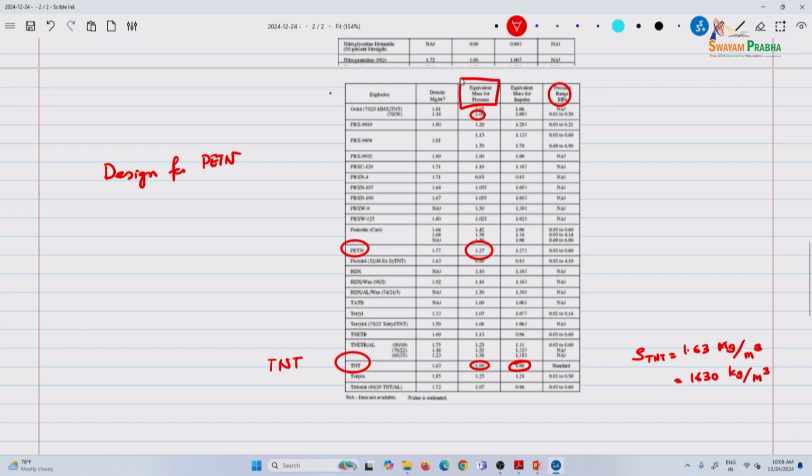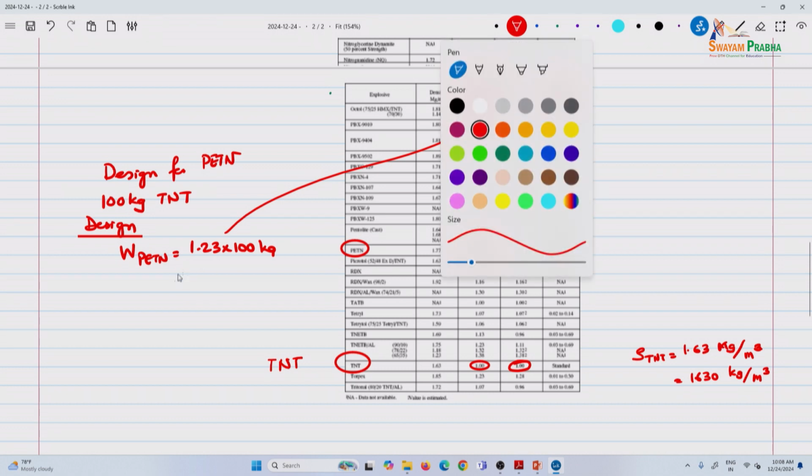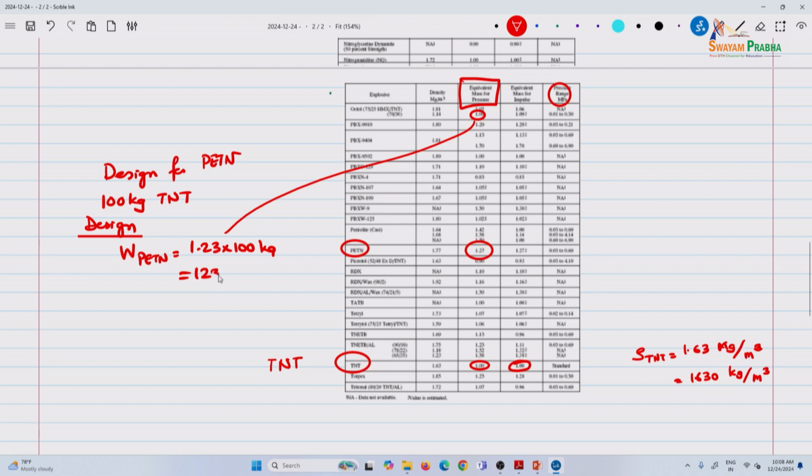So the pressure one is used more commonly. If you have, let's say, 100 kilograms of TNT, your design is going to be here. If I bring that, it is 1.23, I think. So the design PETN is 1.23 times. So you'll go with 123 kilograms. So those are the charts out here.